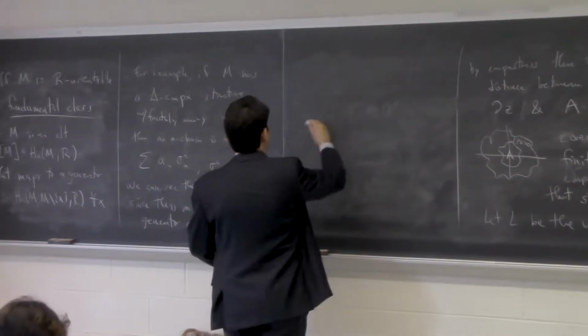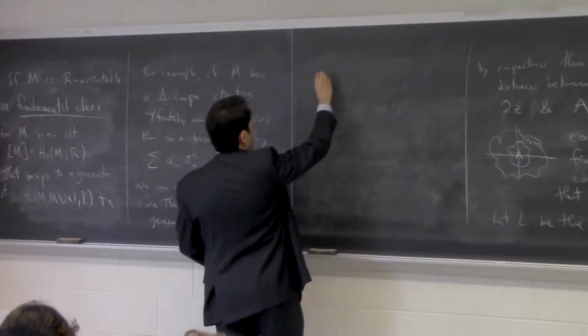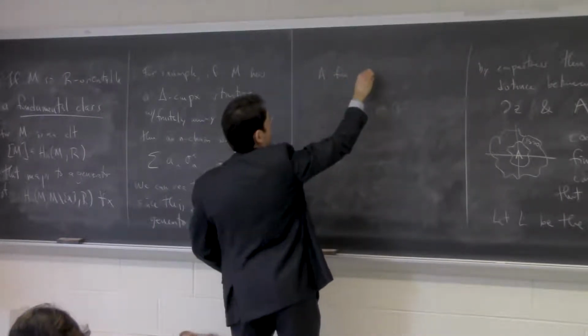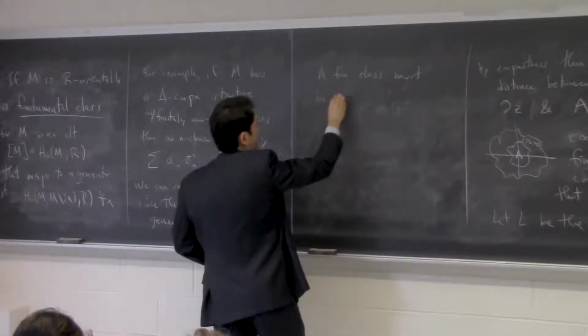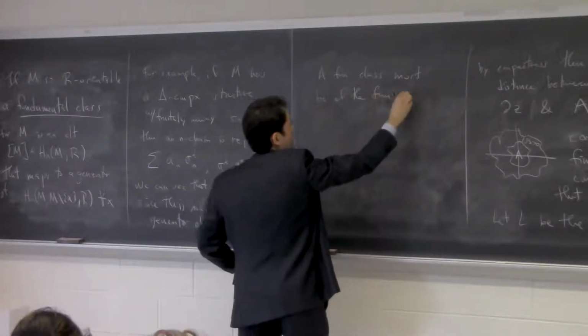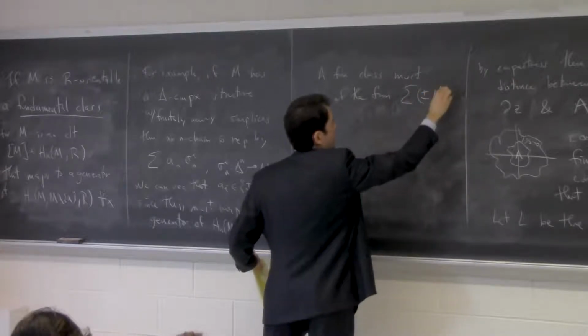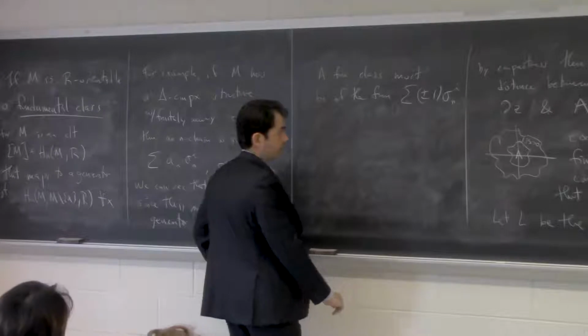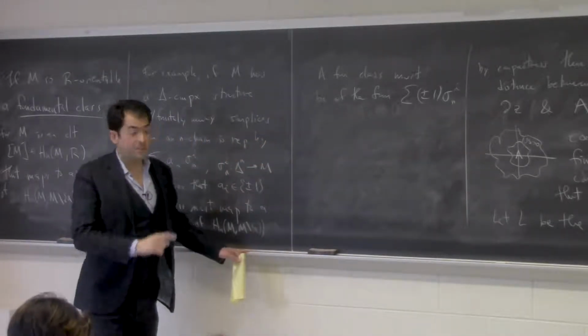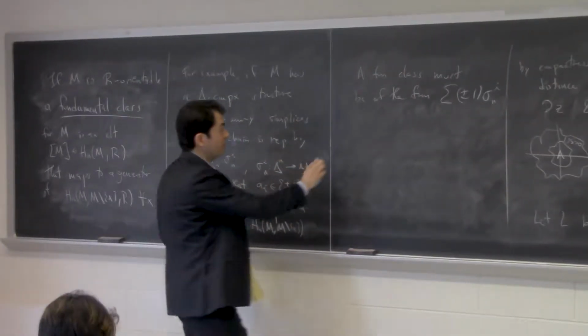So that means a fundamental class must be of the form the sum of plus or minus 1 times sigma_i^n. And it must be a cycle.